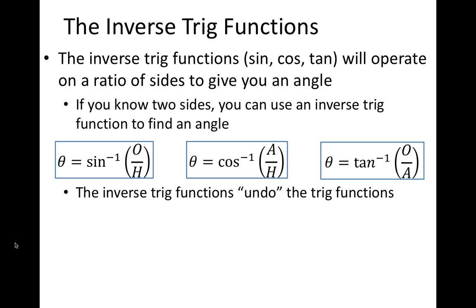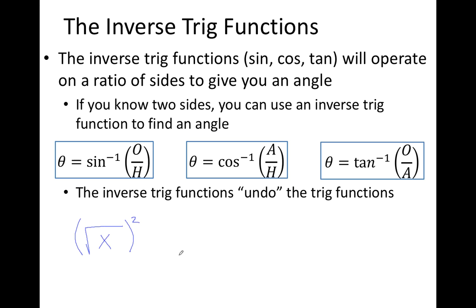Okay? It's important to note that the inverse trig functions undo the trig functions in the same way that inverse functions always undo their functions. So for example, if we have square root of x, what's the inverse function to the square root function? Well, that's squaring.